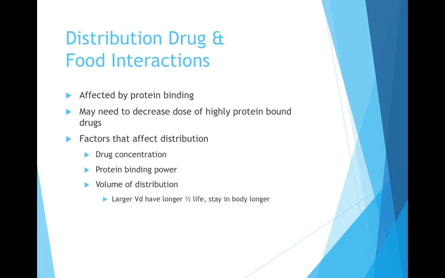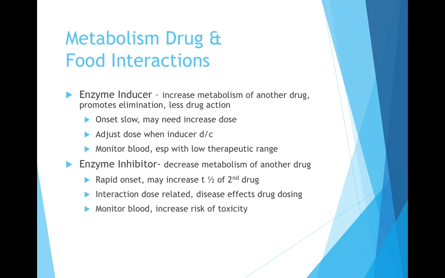Other things can affect metabolism, of course, we're looking at metabolism of the drugs now. There are certain things in our body that are enzyme inducers and certain things that are enzyme inhibitors. Something that is an enzyme inducer will increase the metabolism of another drug and promote elimination, giving us less drug action, and the inhibitors will decrease metabolism. So there may be a rapid onset.